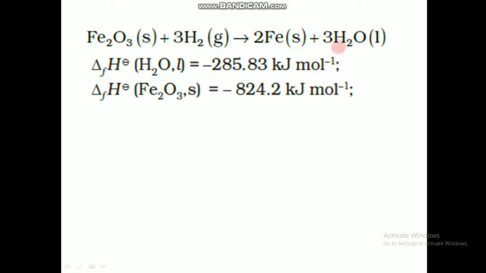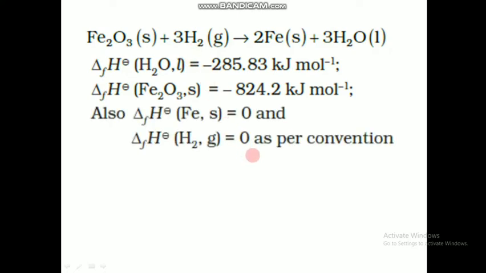And if you see, we are considering just this H2O and this Fe2O3. We are not considering the enthalpy of formation of the elemental forms, because yesterday we said that the enthalpy of formation of an elemental form is 0. So we are not considering them.